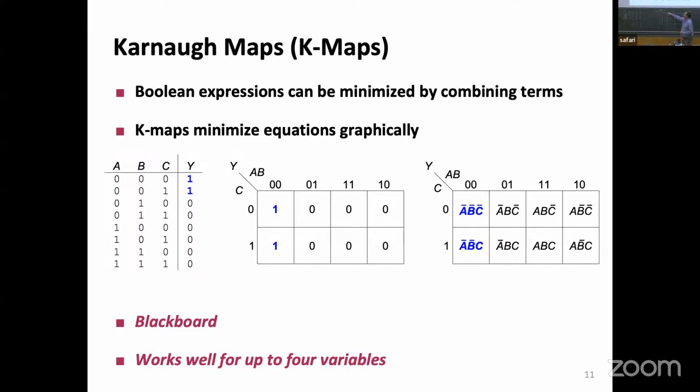Now, A and B, how many different options do I have? 4. What are they? Let's start with 0, 0. And now I'm going to write all 4 combinations in here. But while I do this, I'm going to make one very important trick. I'm only going to change one of them at every step. So here it's 0, 0. The next one, I'm going to make 0, 1, which is completely okay.